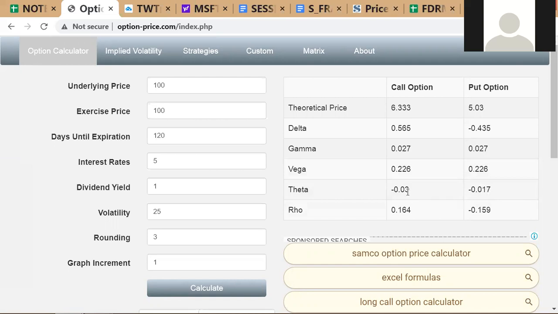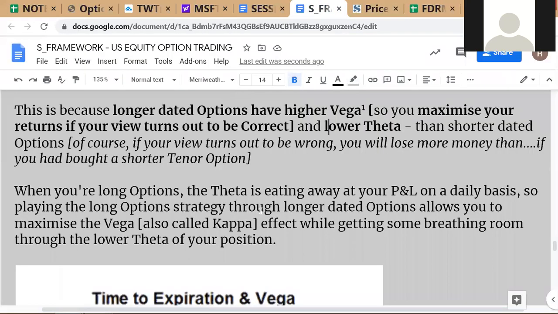So it's gone down from 0.05 to 0.03 and this has gone from 0.04 to 0.02. So one thing that is clear is that longer dated options have lower theta. You can check this for many other combinations. So longer dated options have lower theta than shorter dated options.